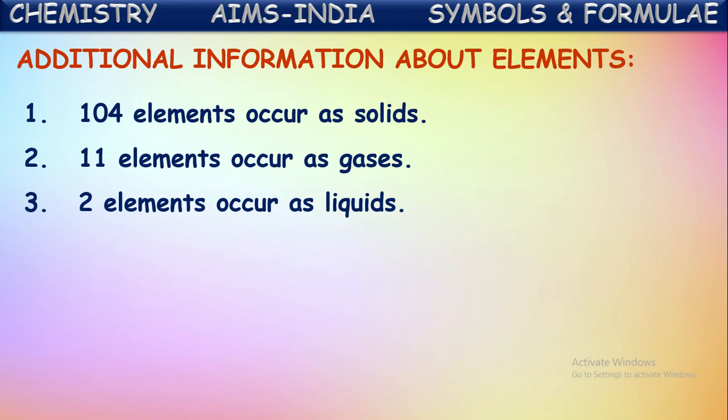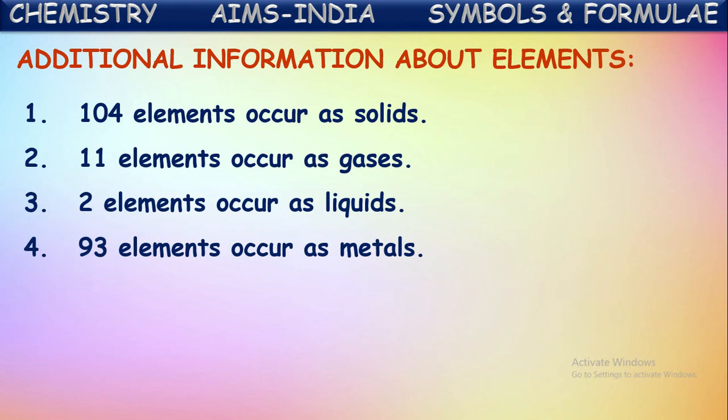Only two elements out of 118 exist in the liquid state. One is a metal and another one is a non-metal. What is the metal in the liquid state? Yes, it is mercury. Mercury is a liquid metal, whereas one more element, bromine, is a liquid non-metal.